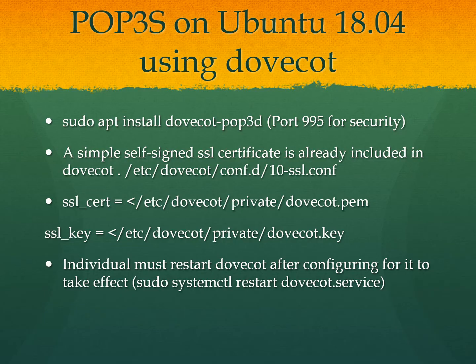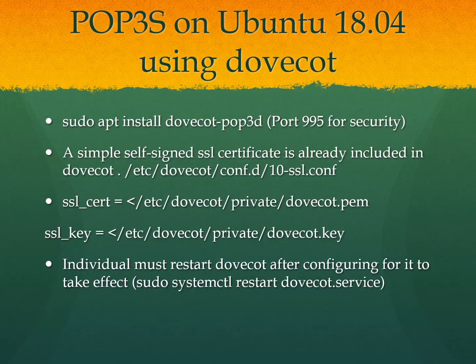POP3S on Ubuntu 18.04 using Dovecot. You would essentially run this command in a command line or whatever you use to configure your systems or write code. So sudo apt install dovecot-pop3d.